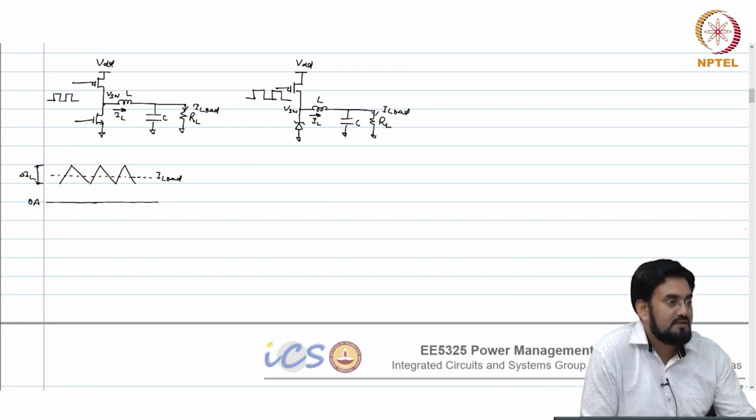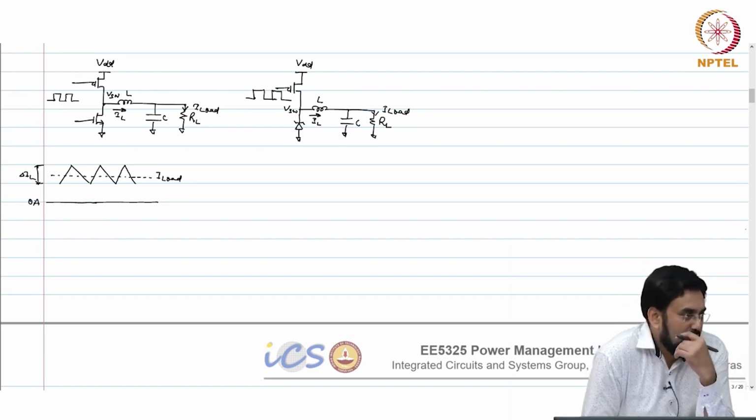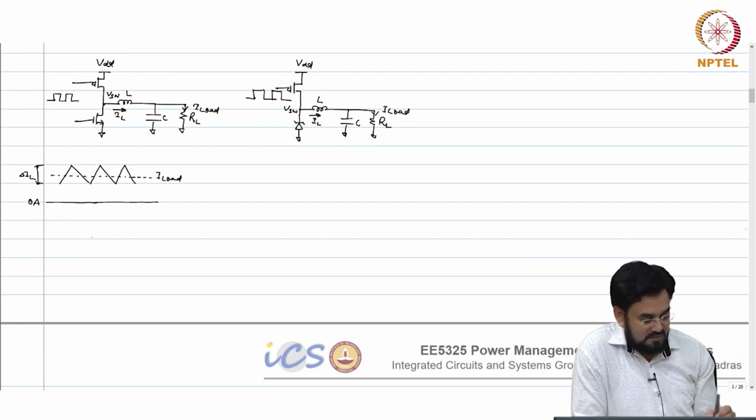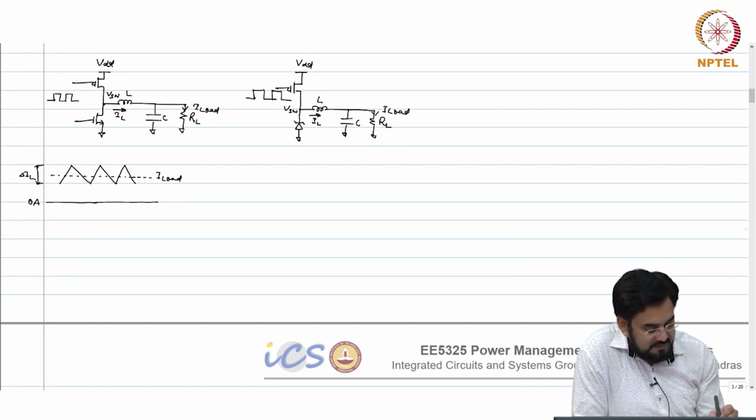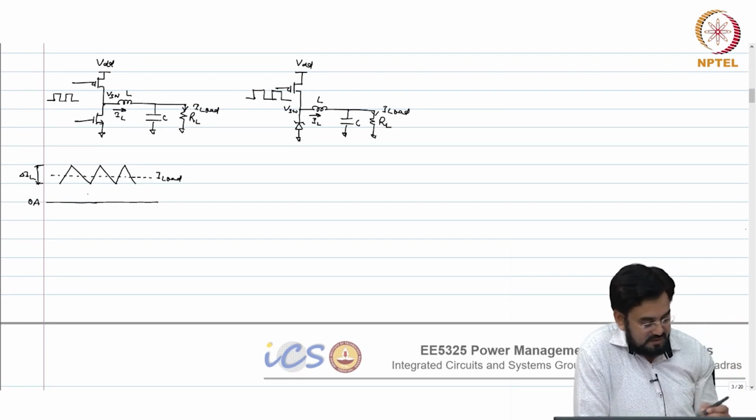This is 0 amp. Now if I keep reducing the I load, what would happen? So when will this valley point hit the 0 ampere? Delta I by 2. Okay.